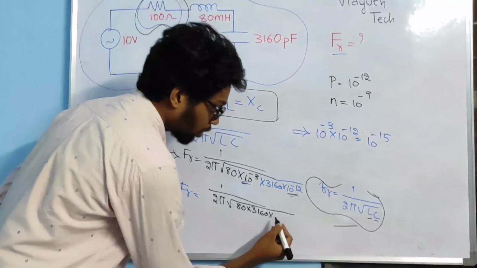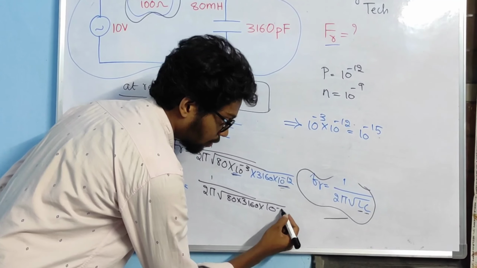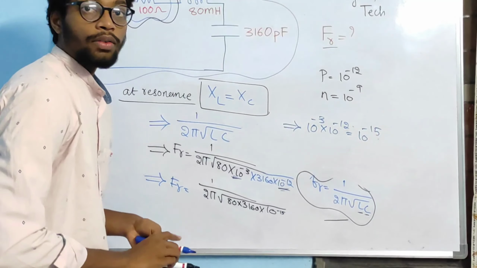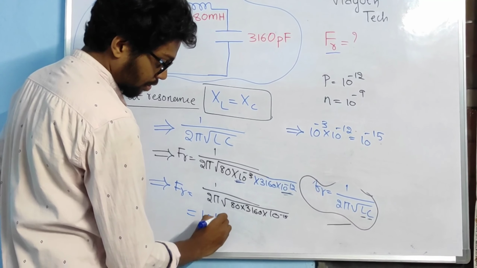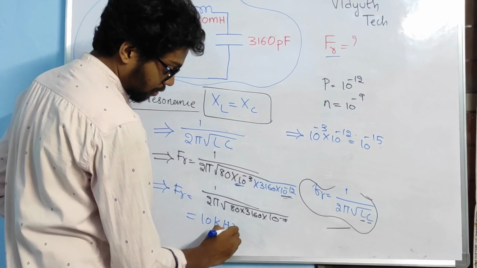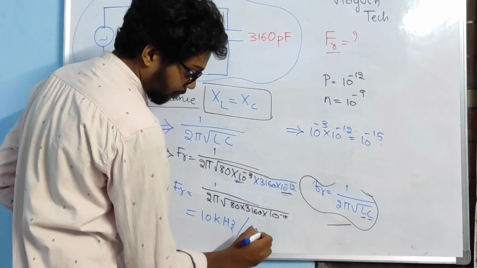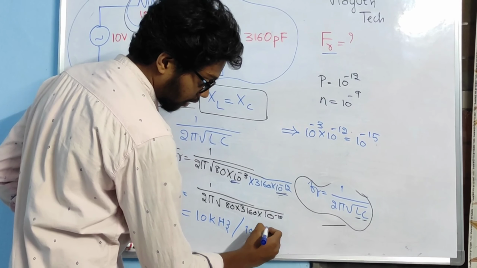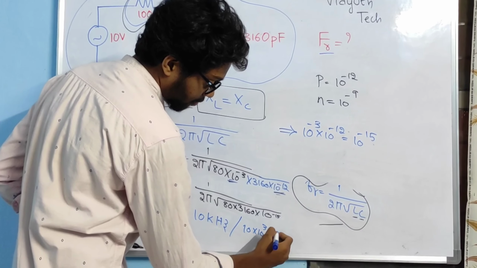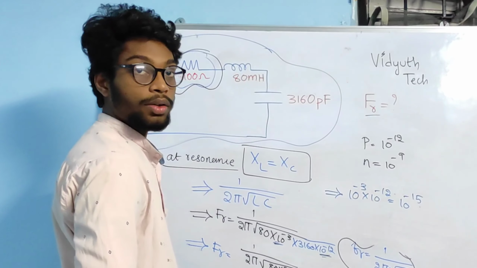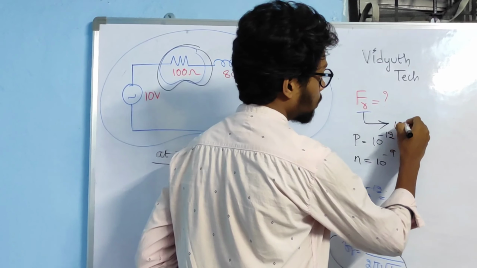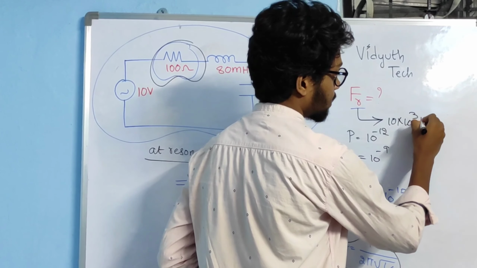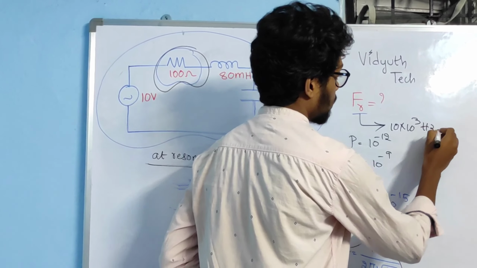After solving this, you are going to get a frequency of 10 kilohertz, or 10 into 10 to the power of 3 hertz. We have a resonance frequency of 10 into 10 to the power of 3 hertz for this circuit.